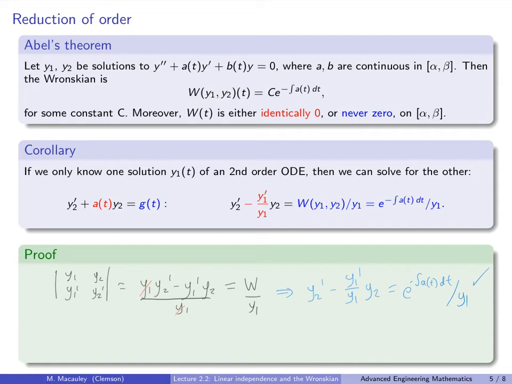And that's all we had to do. Now, this technique generalizes easily to higher order equations, though in practice you don't usually deal with more than second order, but if you had an nth order ODE and you knew n minus 1 solutions, you could use this technique to reduce the order of the equation by 1.